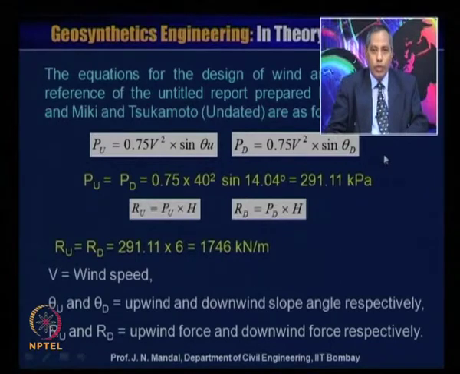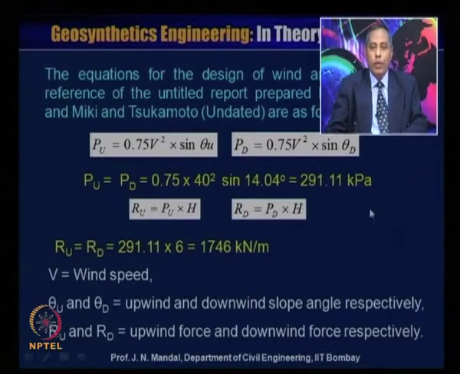So, now Pu is equal to Pd, which is equal to 0.75 into the wind velocity 40 meter per second, that is 40 square, into sine of theta U or theta D, which angle is equal to 14.04 degree.